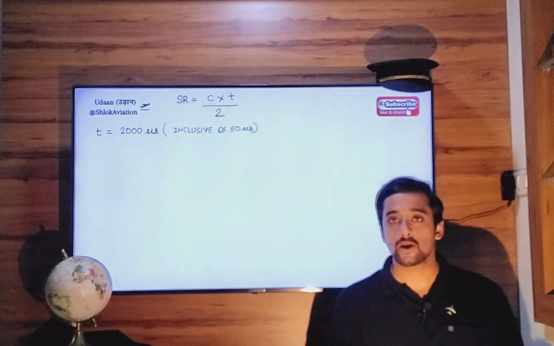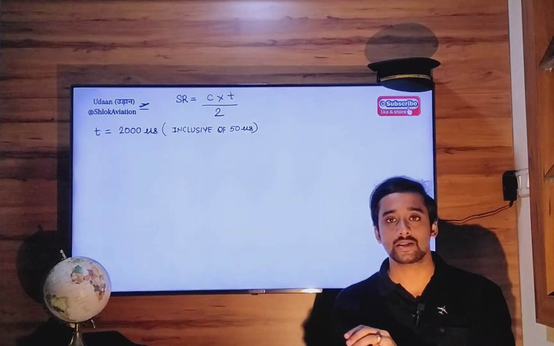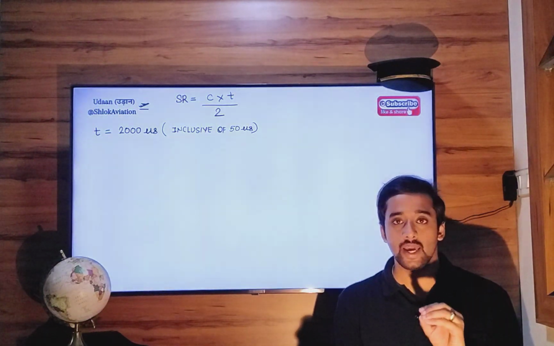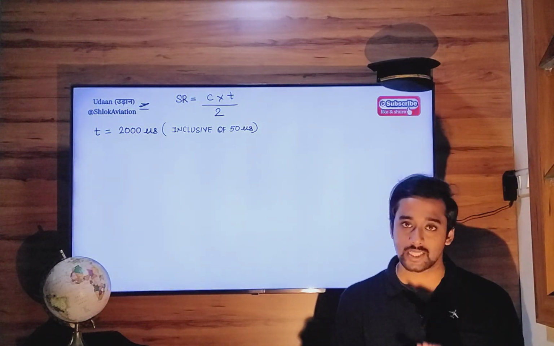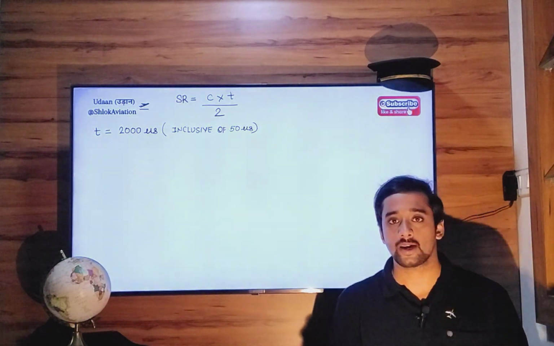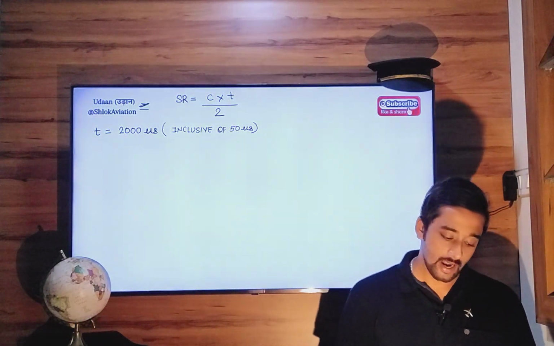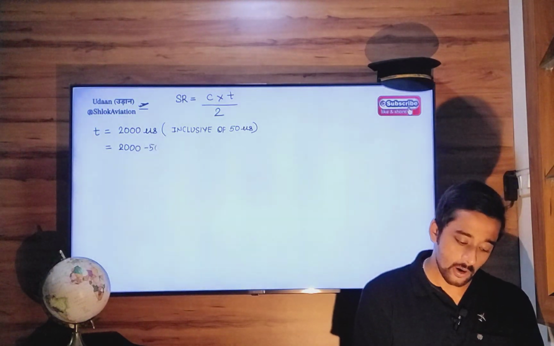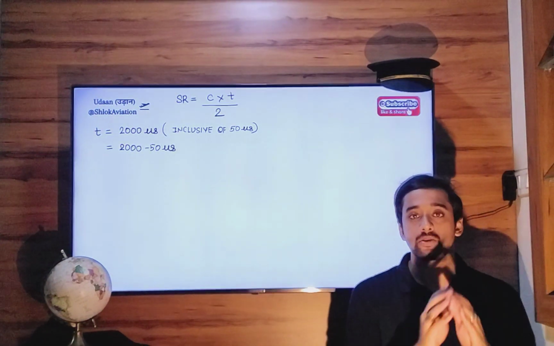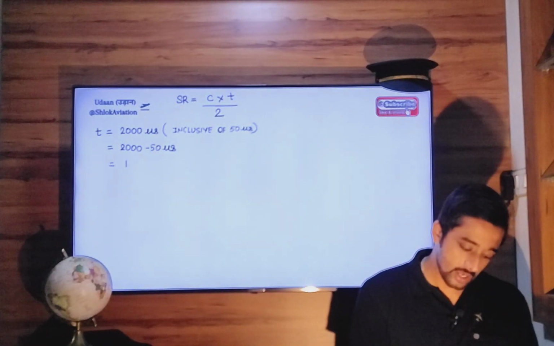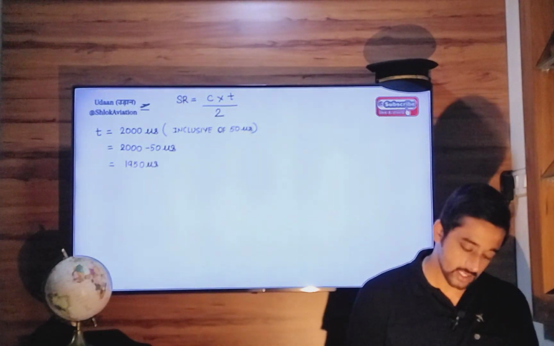What is this 50 microseconds? Whenever the ground DME station transponder receives interrogation pulses from the aircraft, it waits for 50 microseconds and then retransmits the reply pulses to the aircraft DME receiver. So we will have to subtract this 50 microseconds from this 2000 in order to get our accurate range between aircraft and the DME station. So this is 1950 microseconds.